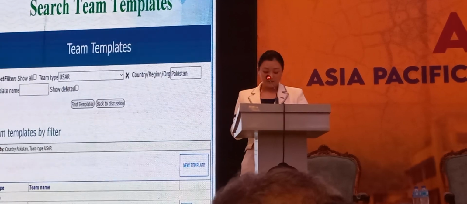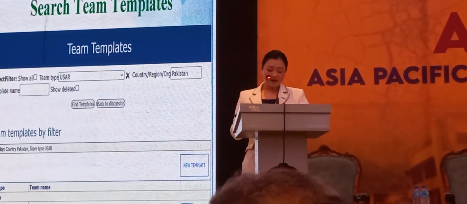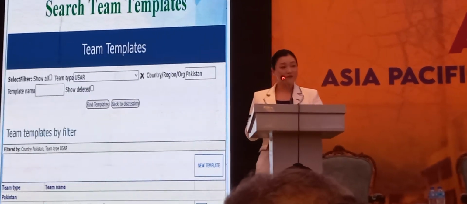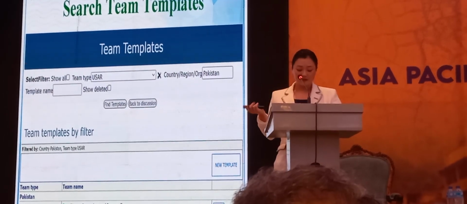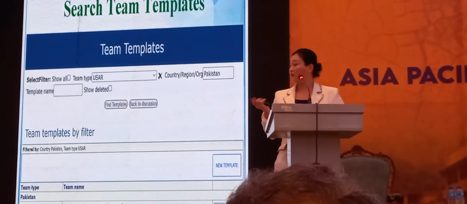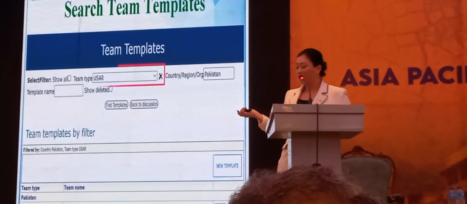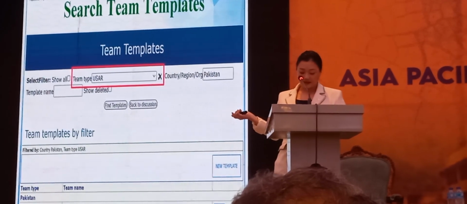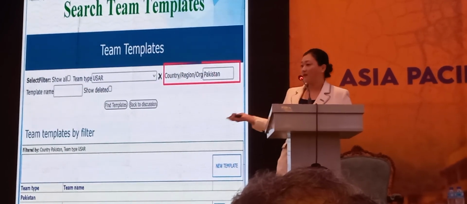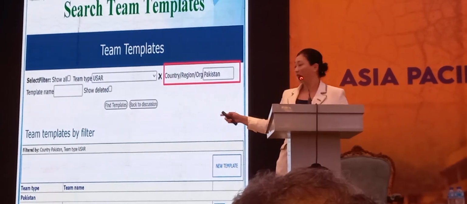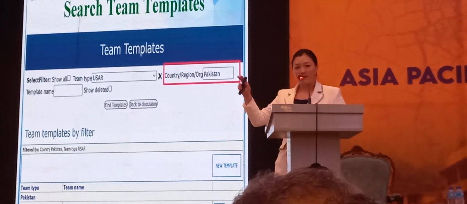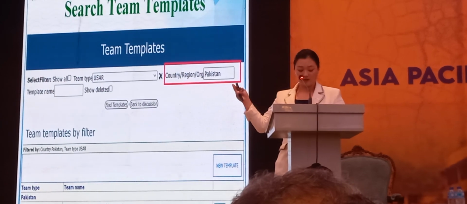And then, if you already have a template created on the VO, you can search for your fact sheet by searching the type of your team and also by country. And then the list will show up. So you can choose the template from the list that you searched for.